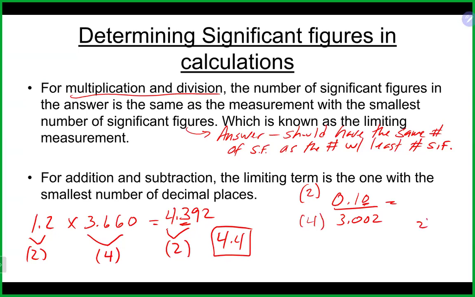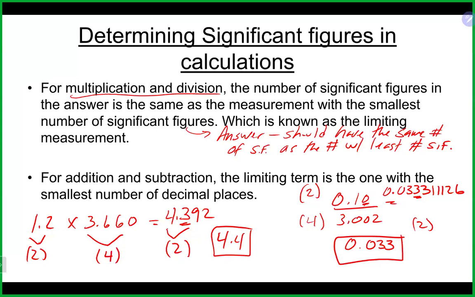So my answer should again end up with 2 significant figures. 0.10 divided by 3.002 gives me 0.03331126 on my calculator. Two significant figures takes me to here. Looking at the 3 next to that one gives me 0.033, which would be the proper number of significant figures. You could also write it in scientific notation as 3.3 times 10 to the minus 2. Any questions on multiplying?